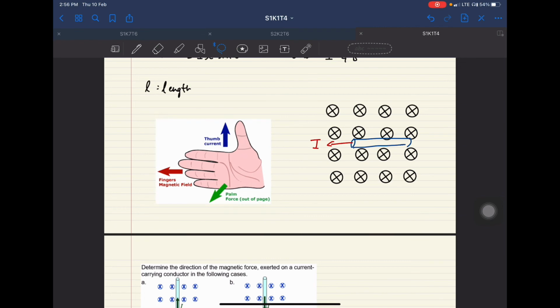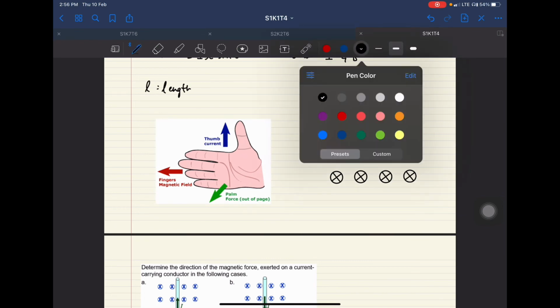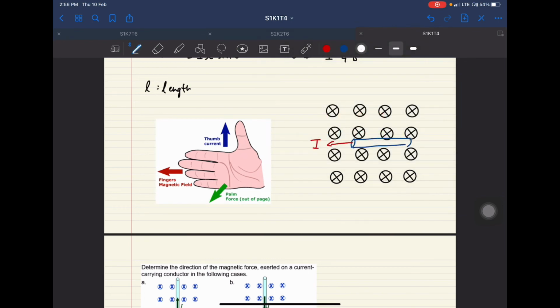Your thumb is pointing in the current direction. Your fingers point towards the magnetic field. You can imagine that the fingers represent the magnetic field. So remember this method: the palm is the force.